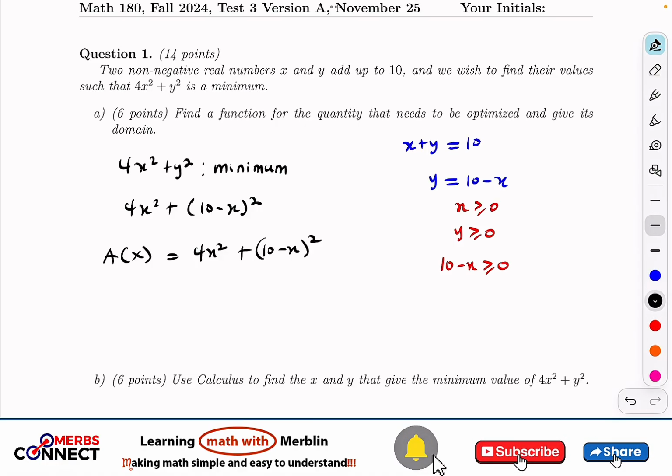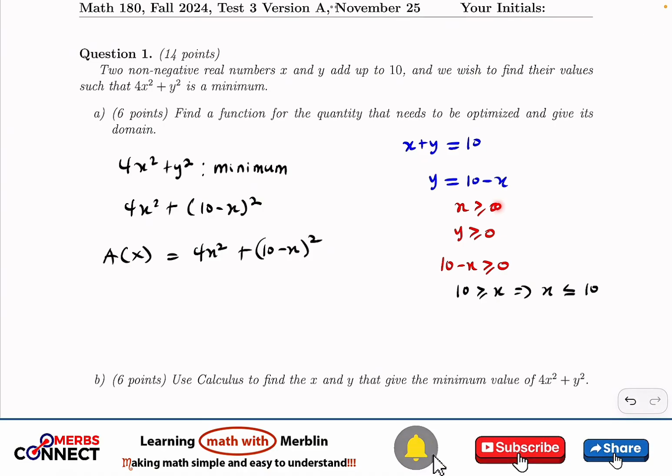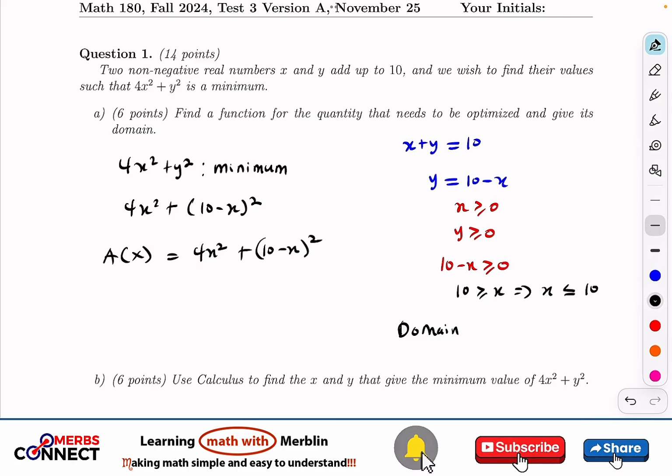Add x on both sides and we have 10 is greater than or equal to x. This is the same as x being less than or equal to 10. So we have x greater than or equal to 0 and x which cannot exceed 10. It means that the domain here is 0 to 10.